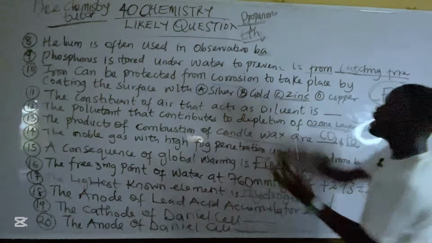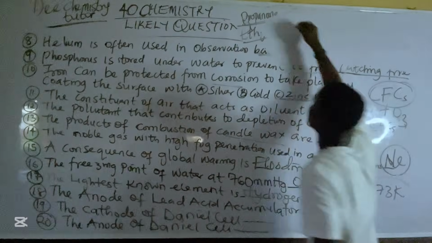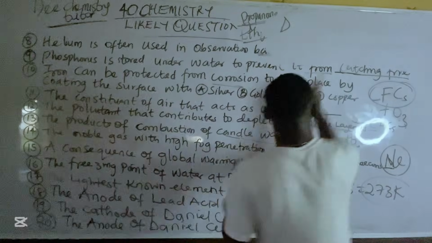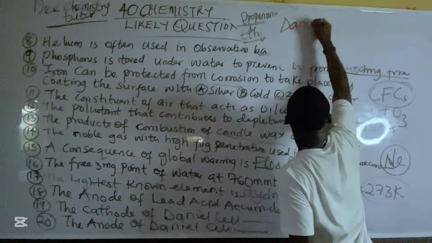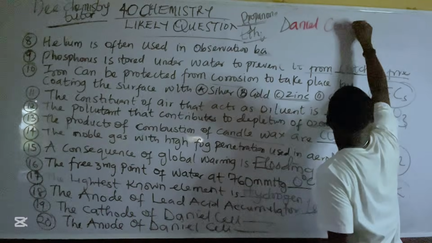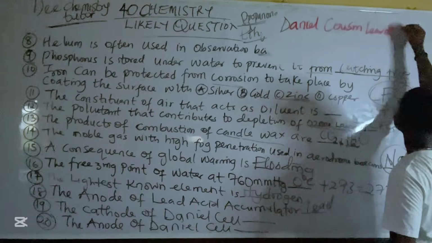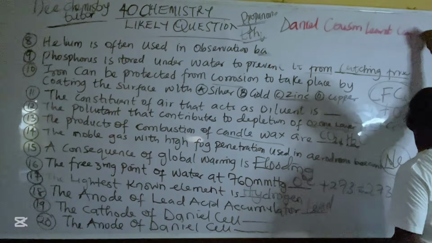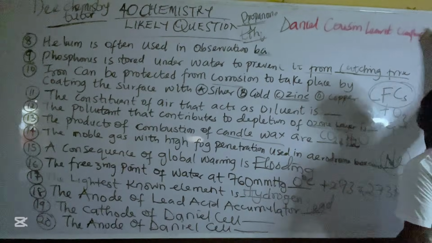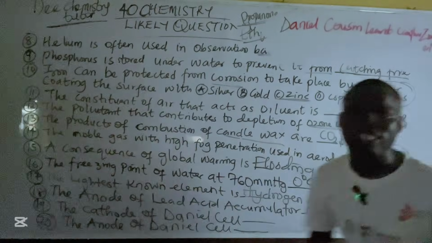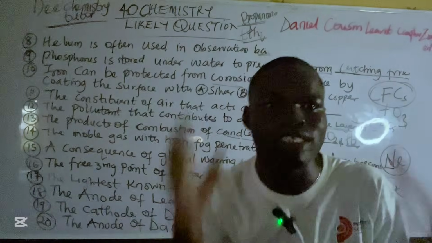Okay, to know that there's a mnemonic, which is: Daniel cousin Leclanche camphor zinger. Daniel cousin Leclanche camphor zinger.